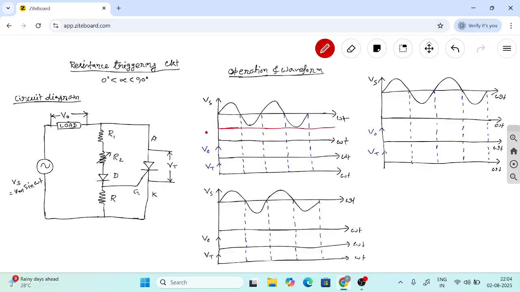Suppose this is the gate triggering voltage VGT. Whenever voltage across R reaches this gate triggering voltage, SCR will be turned on.